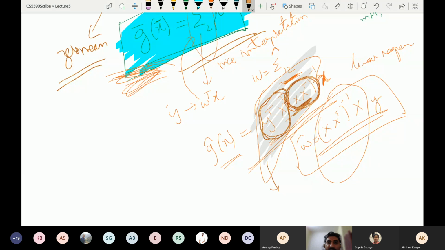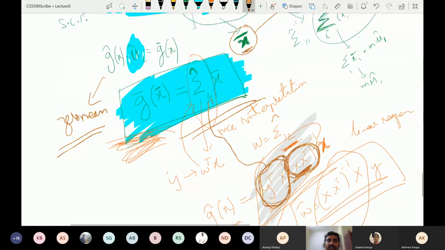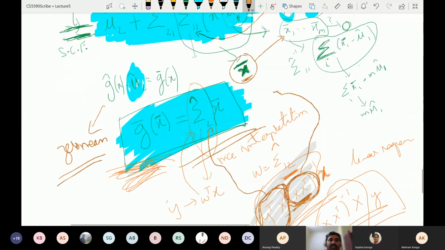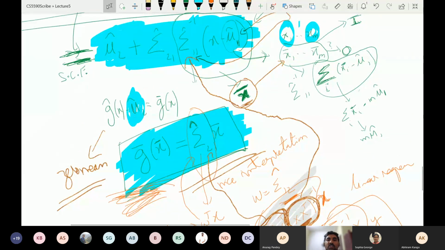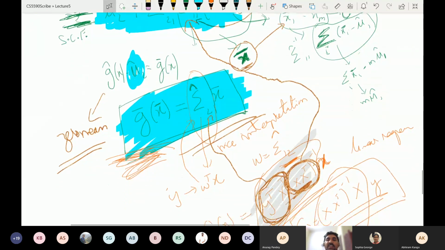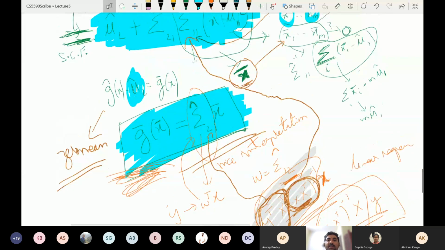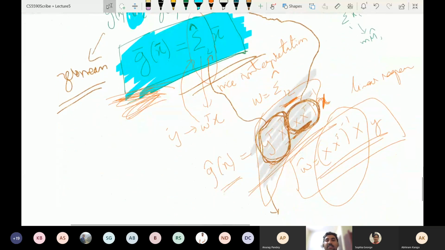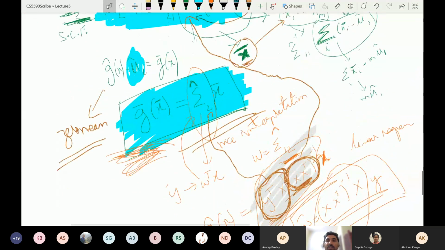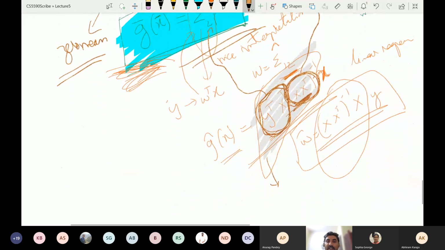X is being multiplied by Y. Yes, sir. So this is playing the role of this, and this is playing the role of this. So apart from some normalizations, actually linear regression also has the same interpretation. It is also normalizing X, so you can also call this X bar.